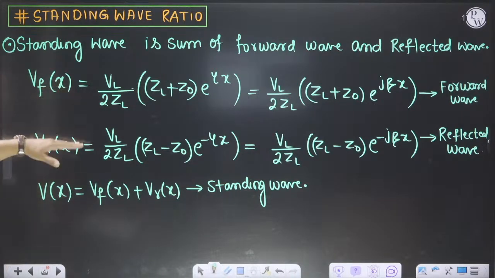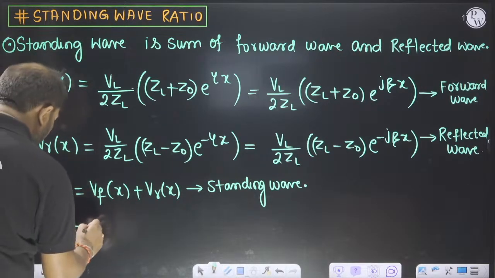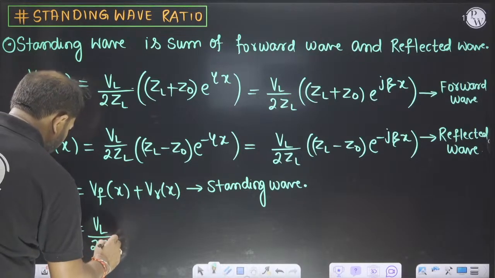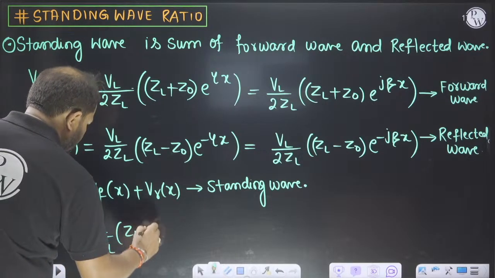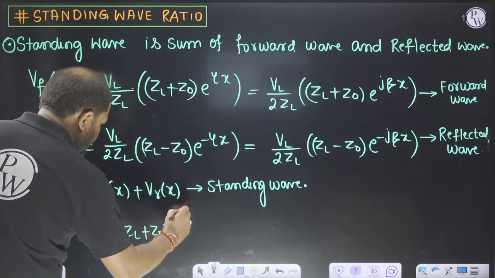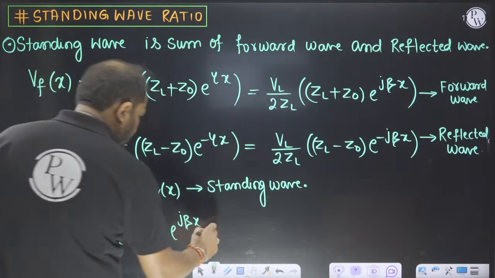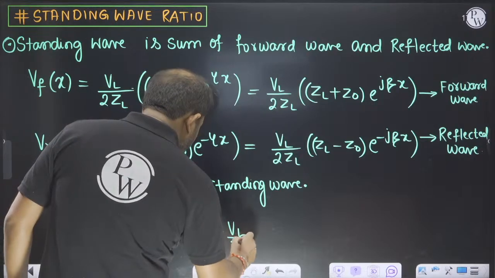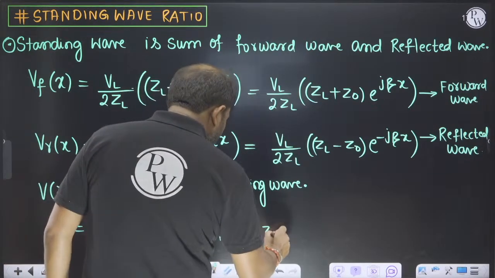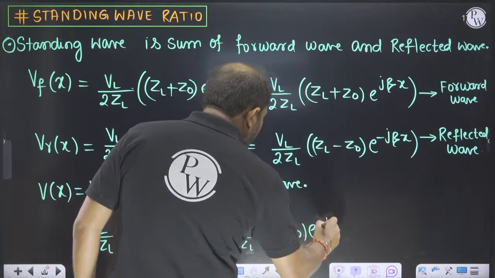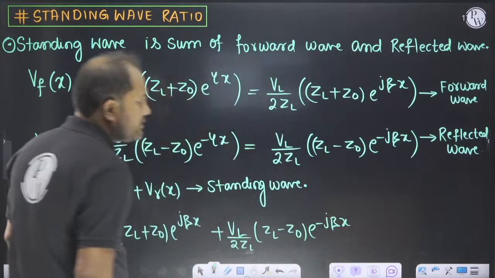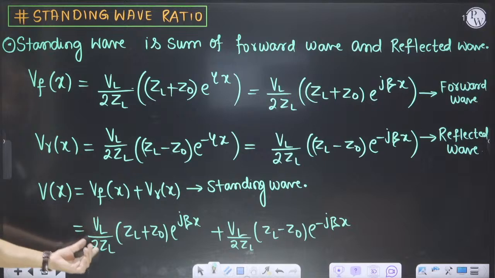Then after that we will add these two terms, the forward wave and the reflected wave, and then we will get the standing wave. So we will add these two terms, VL upon 2 ZL, (ZL plus Z naught) e to the power J beta X, and VL upon 2 ZL, (ZL minus Z naught) e to the power minus J beta X. Then I will take the common term out. What will we get?